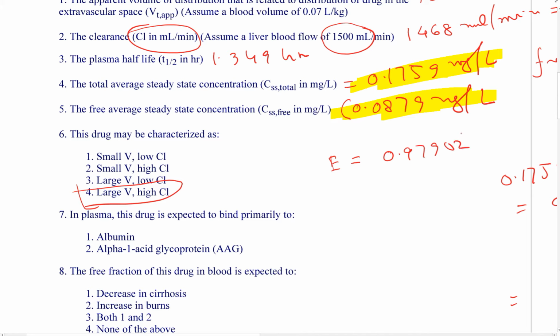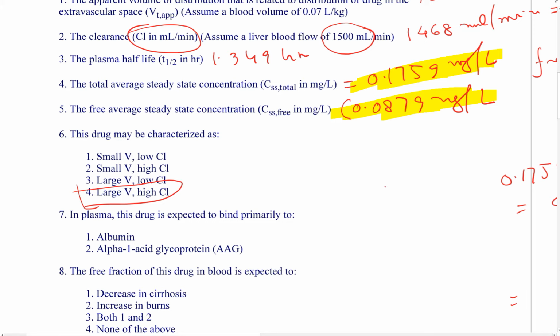So with a high extraction ratio, if you remember, in the case of high extraction, CL is equal to Q. So because of the high extraction ratio, it has very high clearance. High extraction means high clearance.